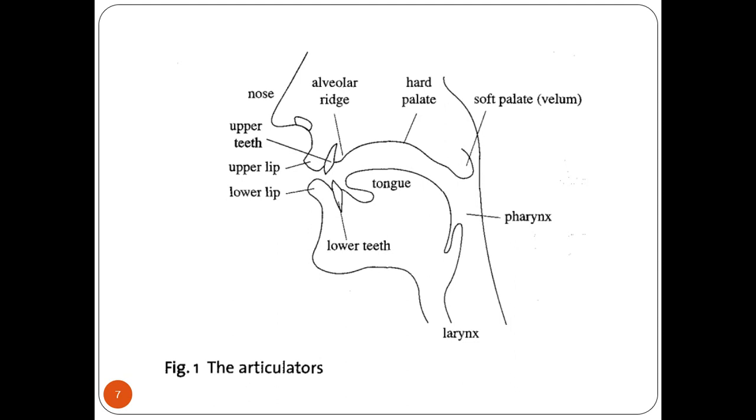I hope it's clear. Keep in mind that sometimes we may use 2 terms: soft palate, or velum. The sounds produced with the help of the back part of the tongue and the velum are called velar sounds. This is also the area we call post-alveolar, or palato-alveolar.